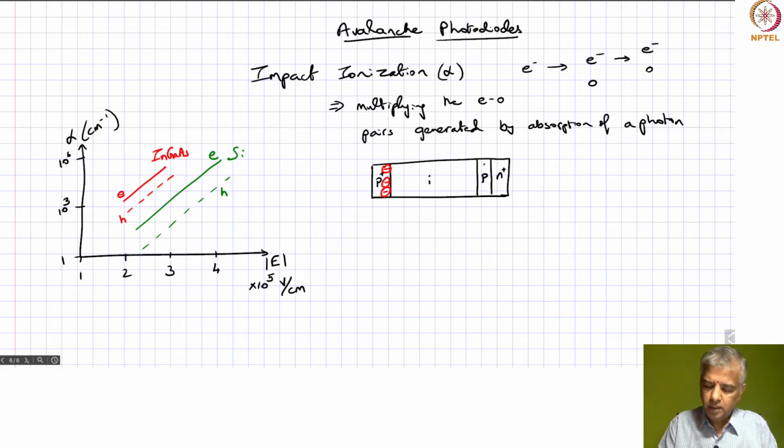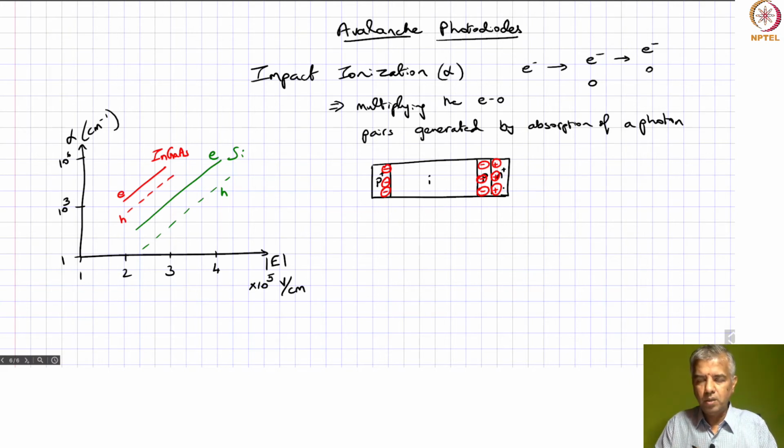Similarly on this side also I'm going to leave some negative charges, and over here I'm going to leave some positive charges. So it's fixed ions over there.